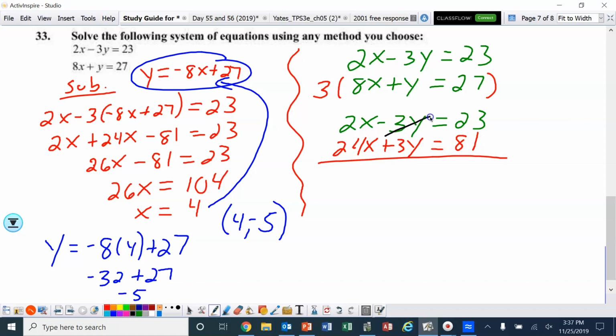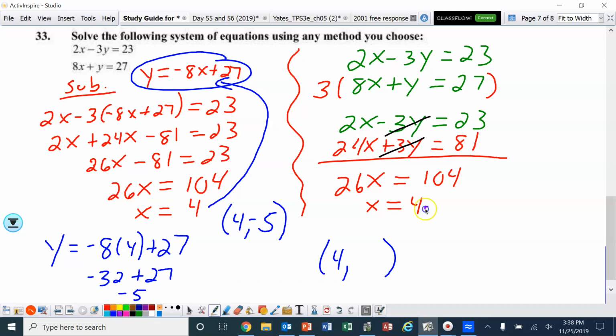So now the y's eliminate. All right, combining like terms, I end up with 26x, well, that looks familiar, equals 104. Divide by 26, and I find out that x equals 4. Okay, it should end up being the same answer because we're just solving it another way. All right, now I'm going to plug that in.